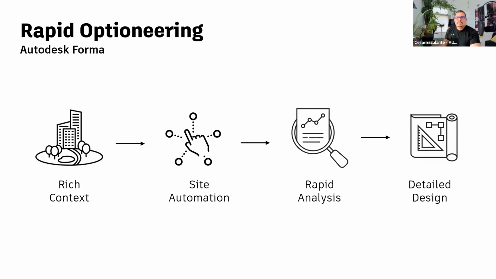And once you arrive at a massing conceptual study that fits your needs, you can take it to the next level by utilizing our 3D sketch functionality, which allows you to take the model to the next level within the same Forma environment, or you can take your model outside of the Forma environment and into Revit or other tools to take the design to the next level of detail.